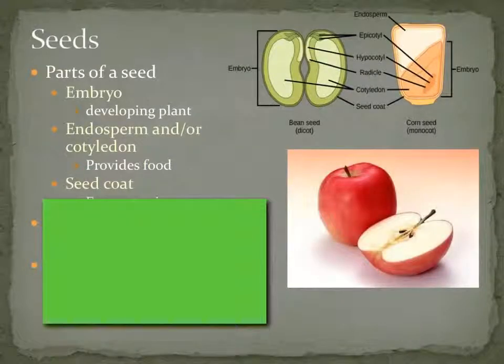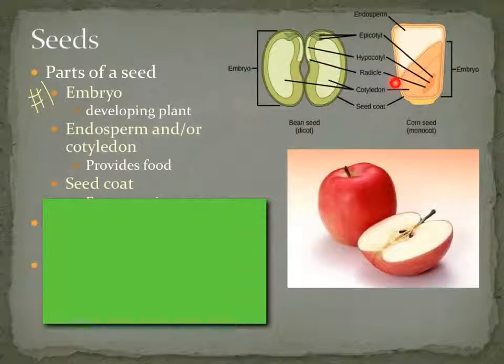So since conifers have seeds, we should probably talk about what the heck a seed is. Well, a seed is basically made up of three main parts. You have the embryo, so that's the number one part. And that's just basically the developing plant. It's a baby plant. And then you also have either an endosperm or a cotyledon, and we see that in our diagrams up here. Here's endosperm, and here's cotyledon.